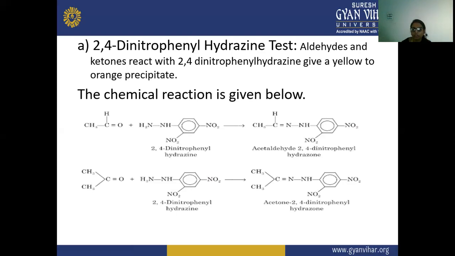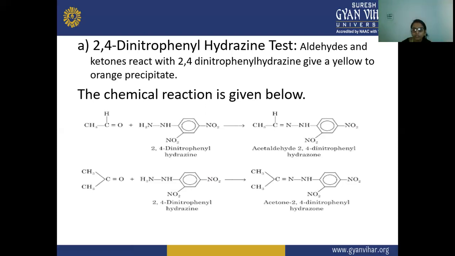A new bond is formed between the carbon and the nitrogen. This method is also used to distinguish aldehydes and ketones from other functional groups, but it cannot differentiate between the aldehyde and ketone. So the phenylhydrazine test and the sodium bisulfite test are not given by any other functional group.